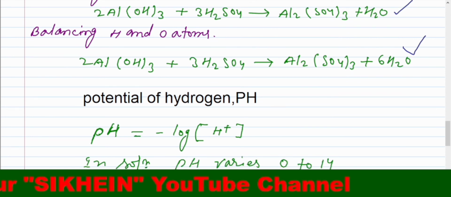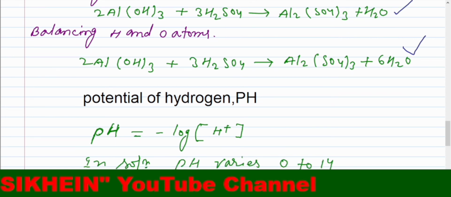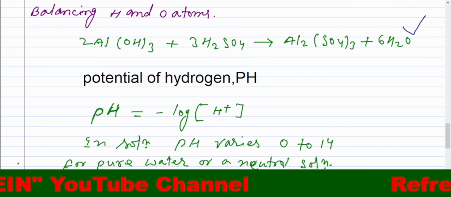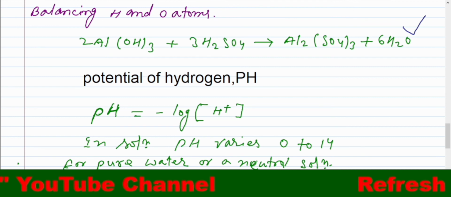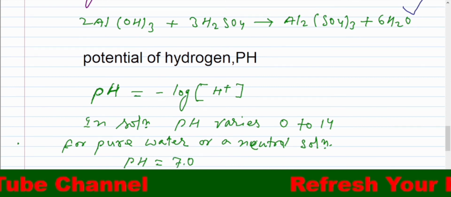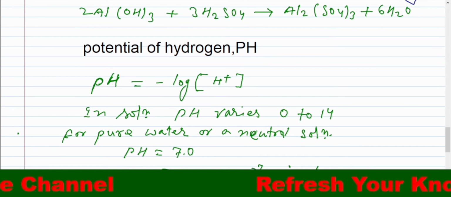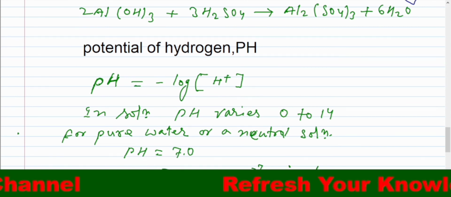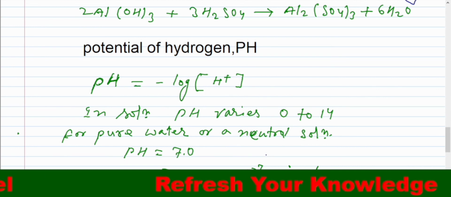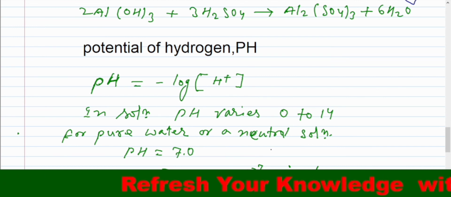In solution, pH varies from 0 to 14. For pure water or a neutral solution, pH is always 7. That means the H plus ion concentration is 10 to the power minus 7 gram ion per liter.